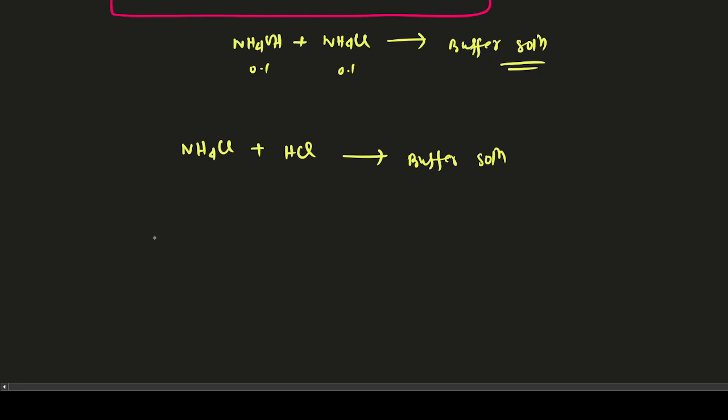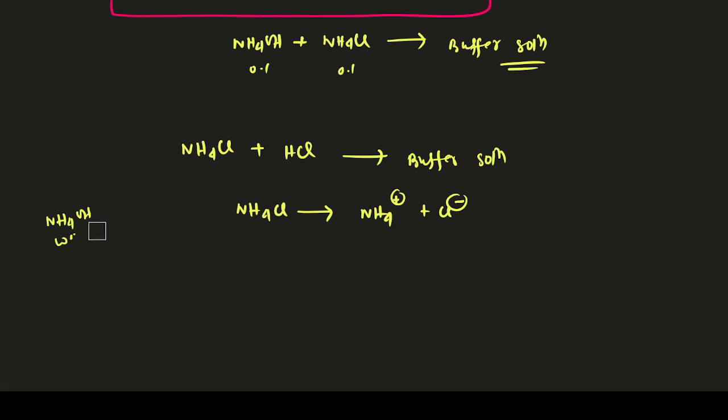So is a buffer solution possible? NH4Cl is a strong electrolyte, so it completely dissociates into NH4+ plus Cl minus. Why is this a strong electrolyte? If any component comes from a strong one, then that will become a strong electrolyte. NH4 comes from NH4OH, which is a weak base, and Cl has come from HCl. Since HCl is strong and Cl comes from a strong component, NH4Cl completely dissociates.